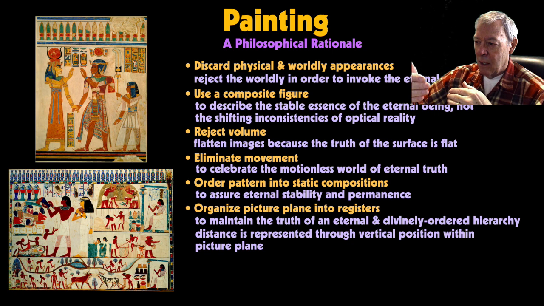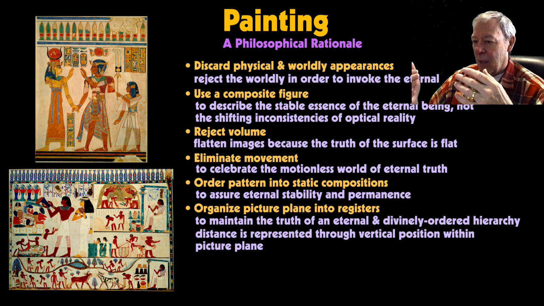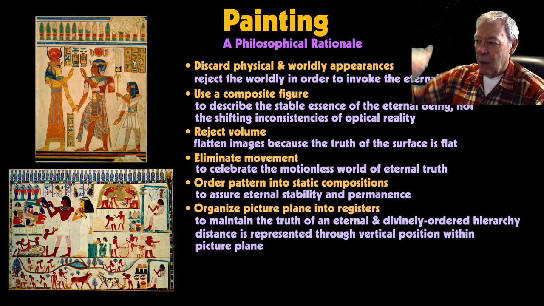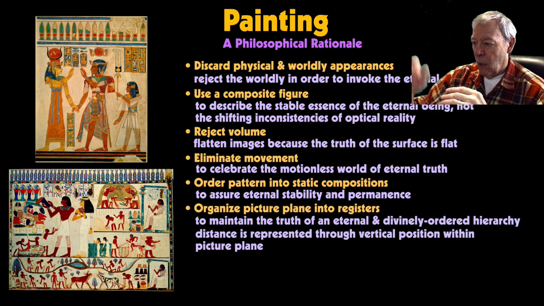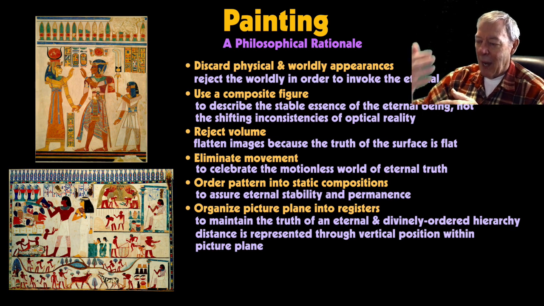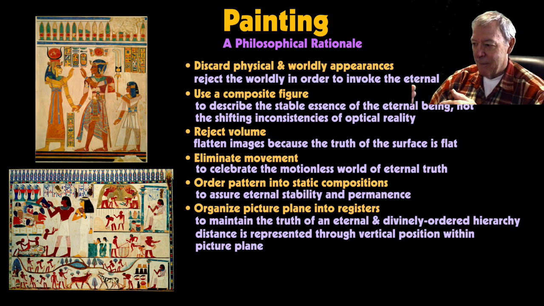Okay? So the idea in an Egyptian painting with registers is that the things typically that are in the highest registers are those that are the farthest away, and those in the lowest registers are conceived of as being closer. But everything maintains its divinely ordered hierarchy of size. Interesting concept.